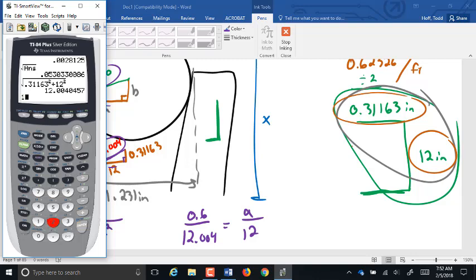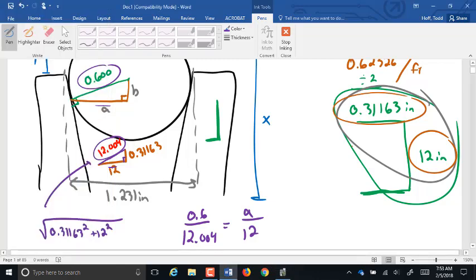So how about 12 times 0.6 divided by 12.004? I get 0.5998. So this here is 0.5998 inches.